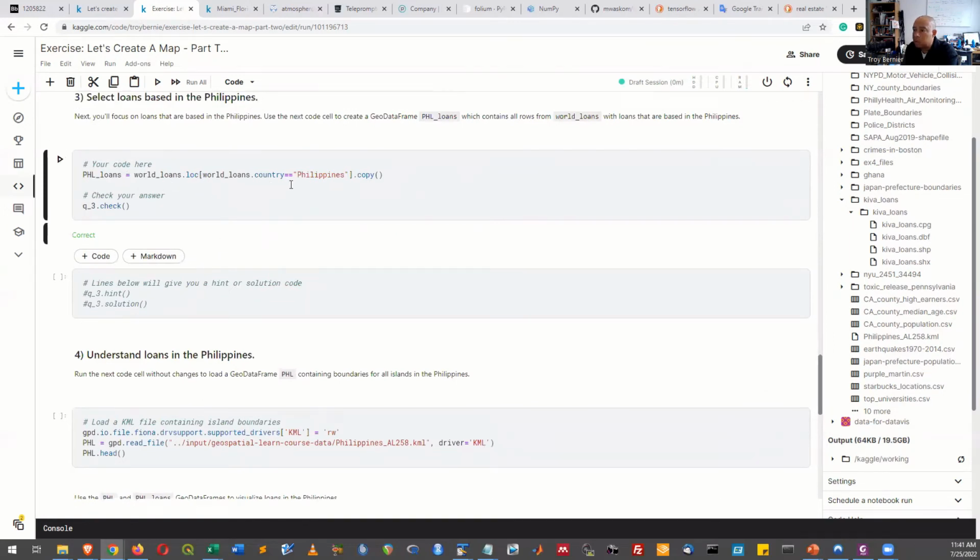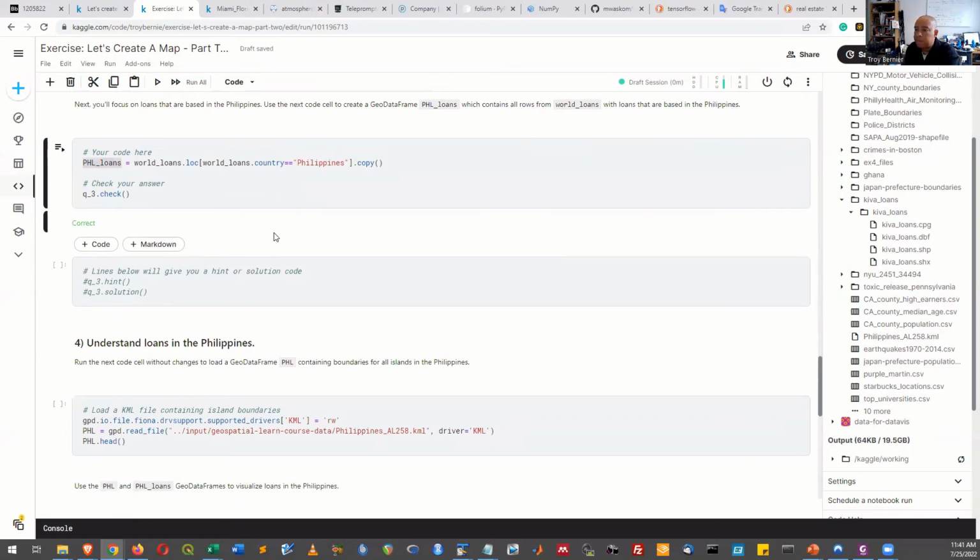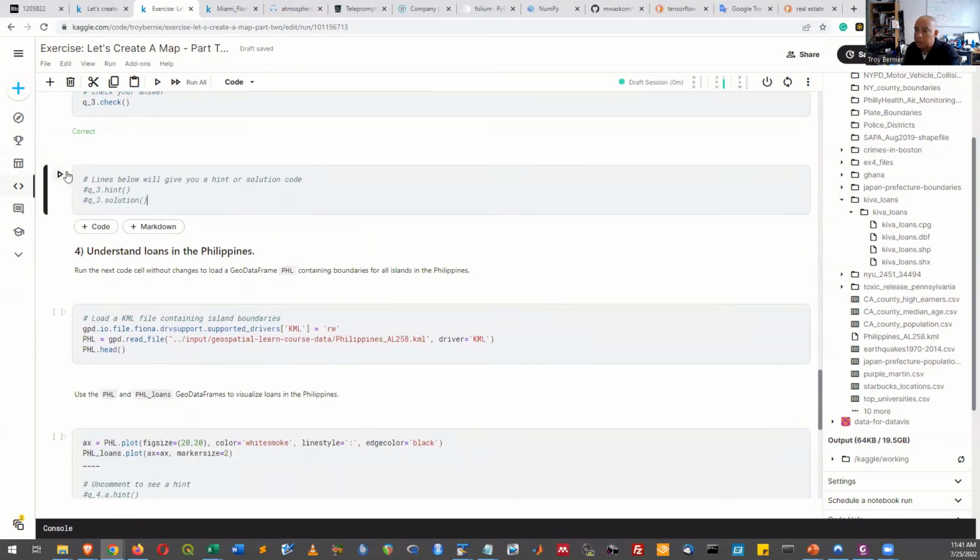So the loans here that we generated are in the Philippines. We're only looking at the Philippines, and that file is called this. So we're generating that and we're calling it that. Taking our world loans, we're pulling out only loans from the country, the Philippines. Okay. Next.